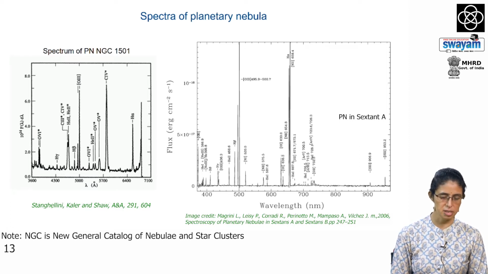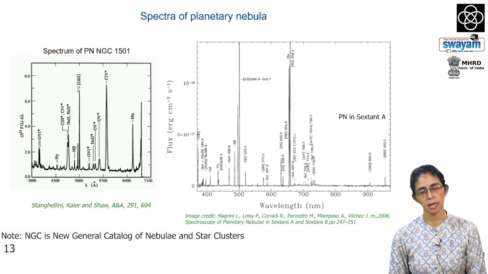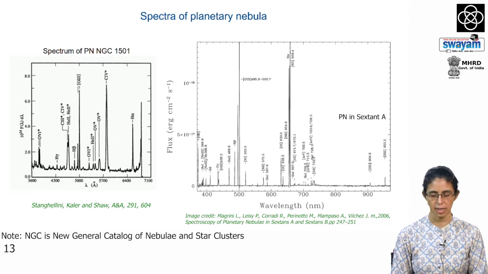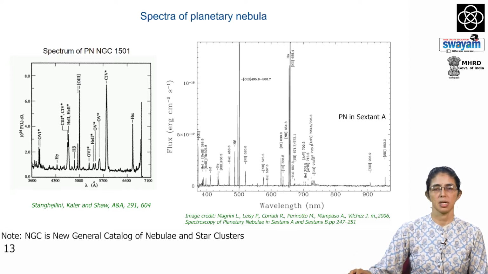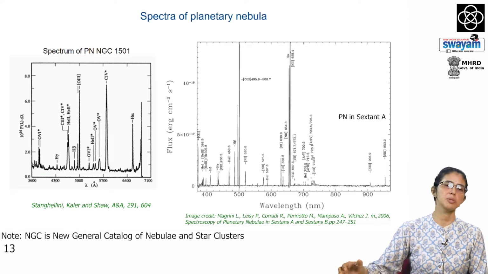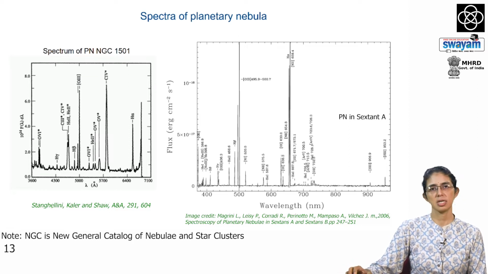For example, one can see O VI, O III and ionized helium, ionized oxygen lines. On the right is another planetary nebula, Sextans A, and again one can see that there are a large number of emission lines towards this nebula. Based on these excitation lines, people try to derive the physical conditions in the nebula and understand the evolutionary stages.